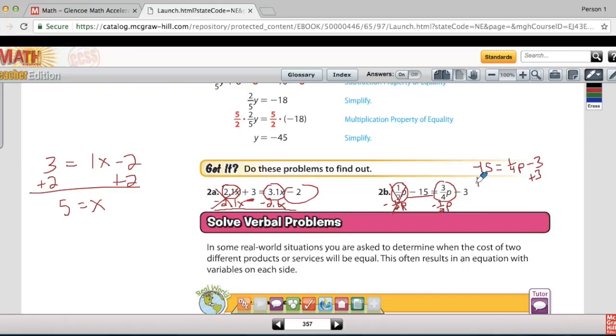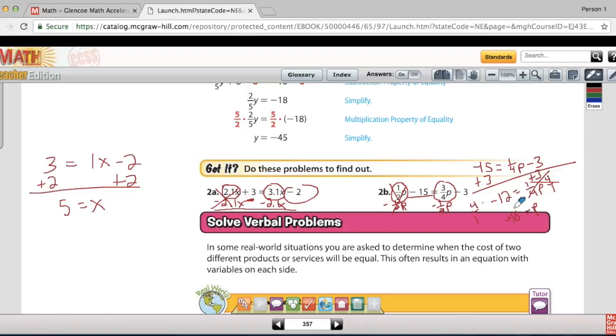Plus 3, plus 3, and I get negative 12 equals 1/4 p. Multiply by 4 over 1, multiply by 4 over 1, and I get 4 times negative 12, which is negative 48.